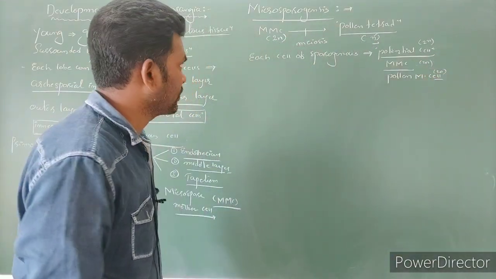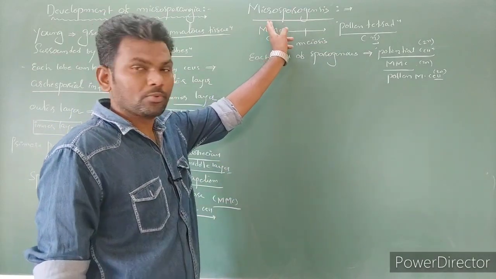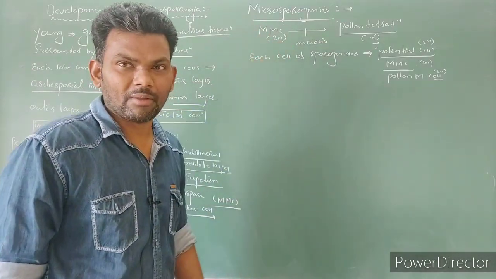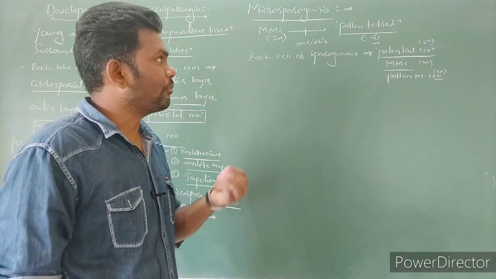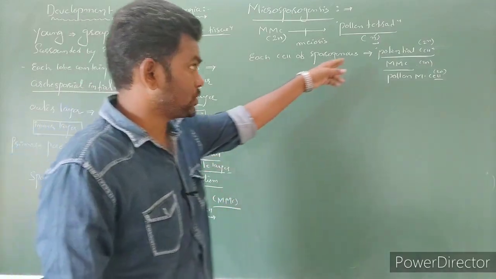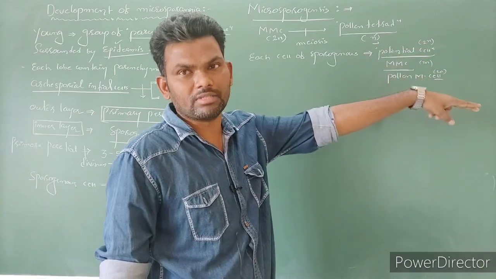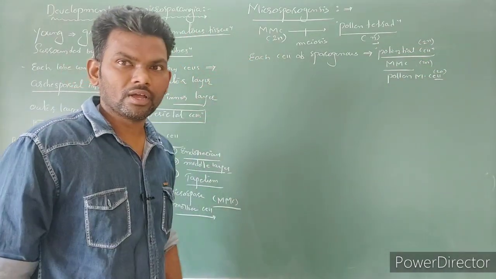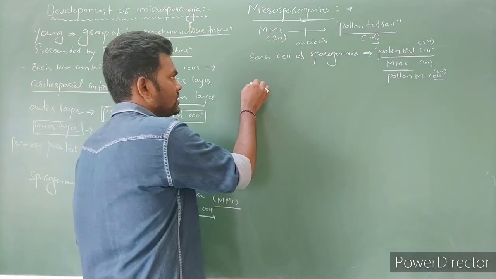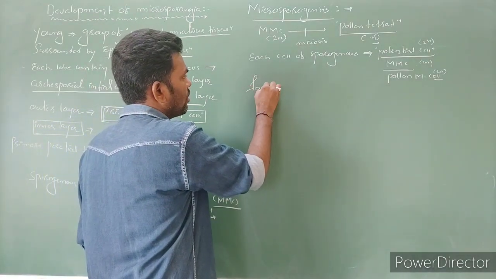Next, the definition of microsporogenesis, a 2 mark question. It is the process of formation of microspores from microspore mother cells, or pollen mother cells, through meiotic division.